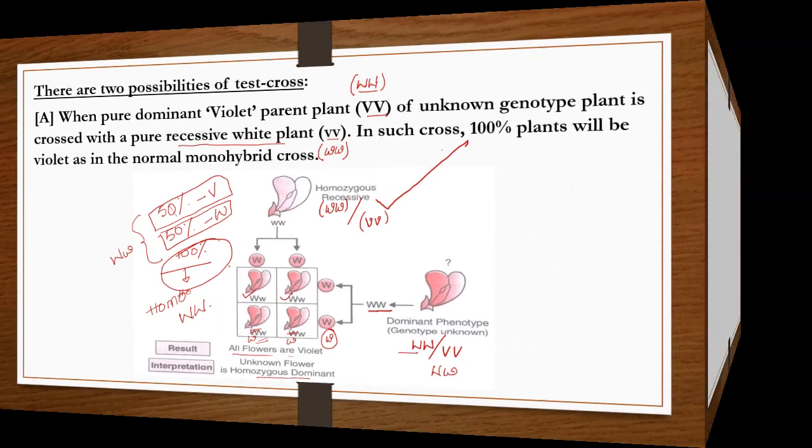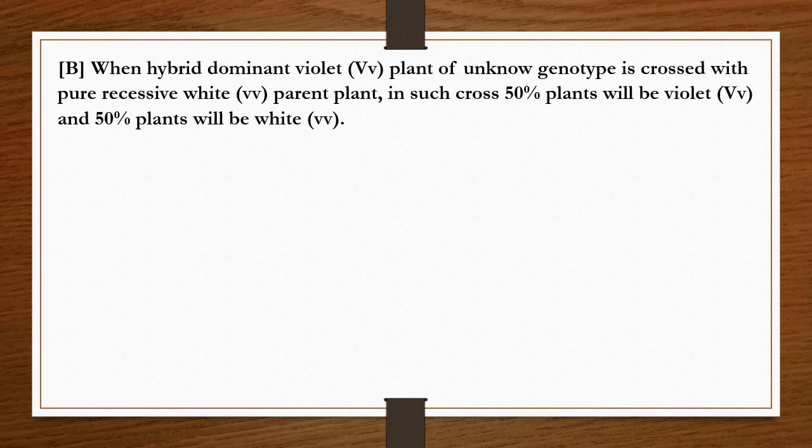So let's see the second possibility, when hybrid dominant violet. Here the hybrid dominant is nothing but heterozygous. Hybrids have characters of both the parents, so here hybrid dominant means heterozygous.